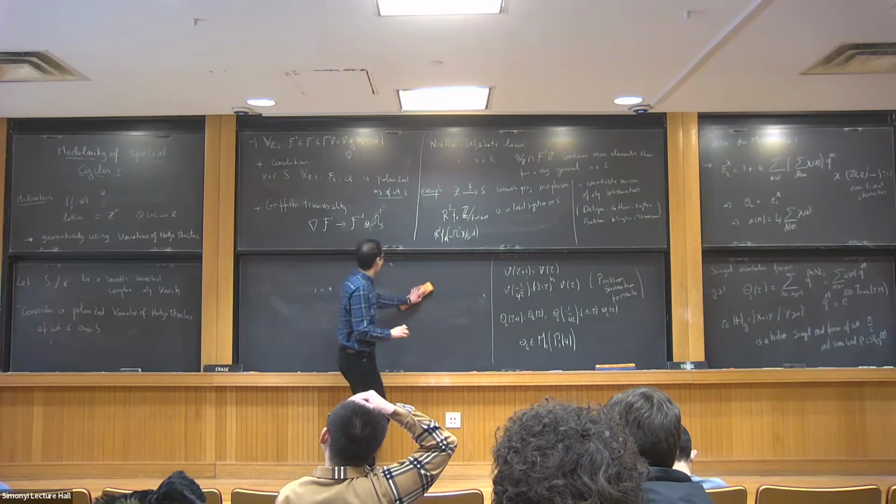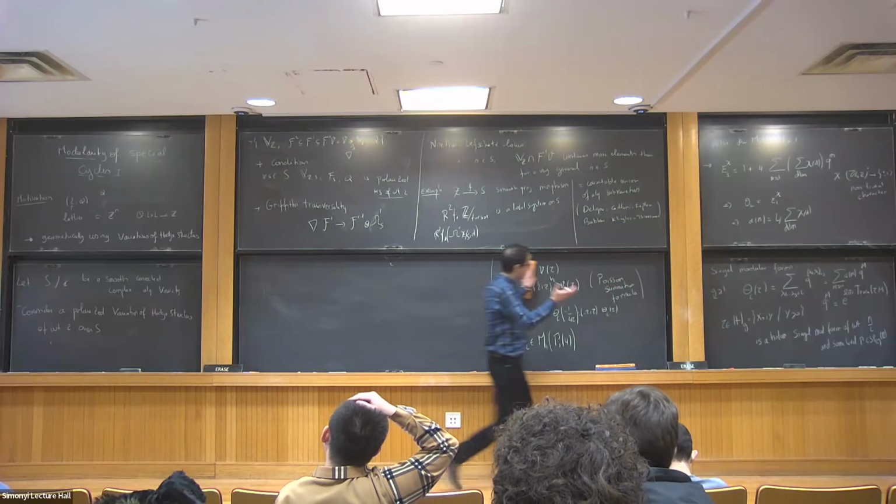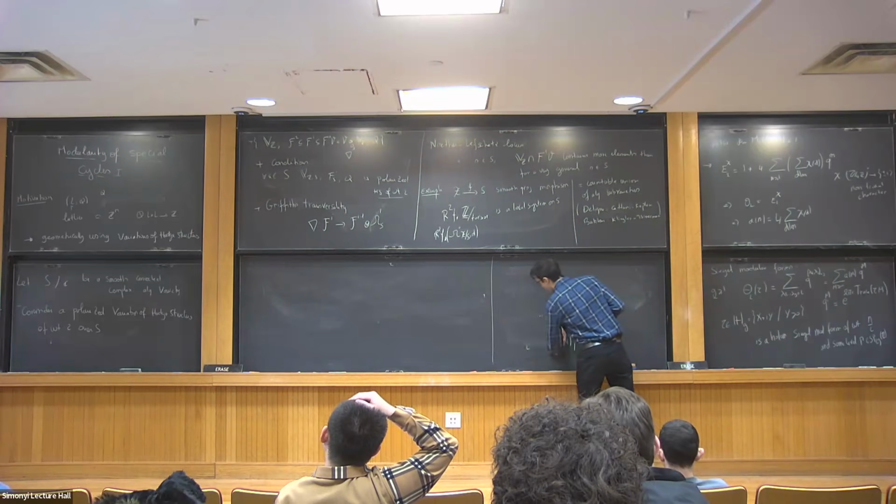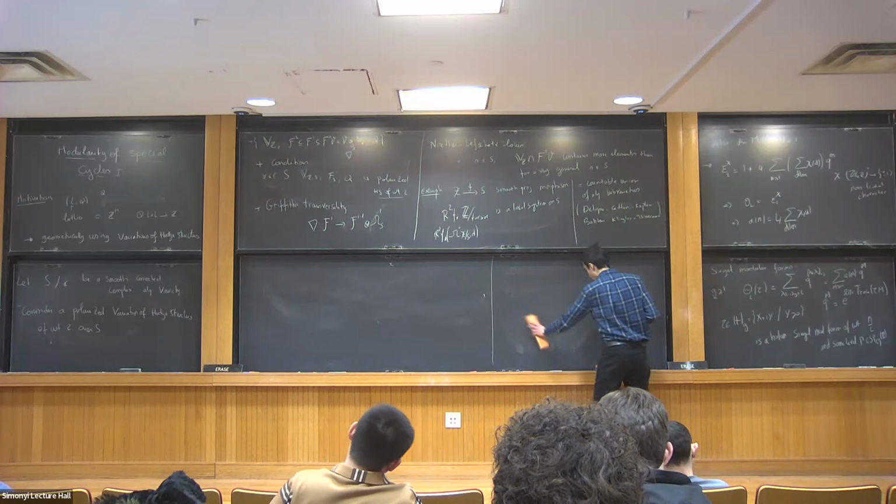Now, this countable union of algebraic subvarieties, there's a very nice way we can package into a generating series, namely in the following way.